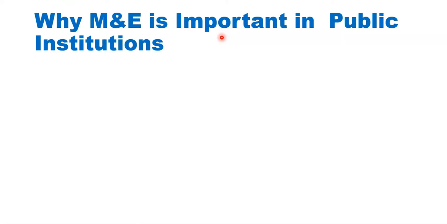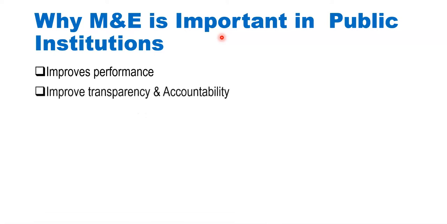Then why is M&E important in public institutions? Well, M&E plays several roles in a public institution. One of the roles is that the M&E system improves performance within the organization. Another, it improves transparency and accountability.